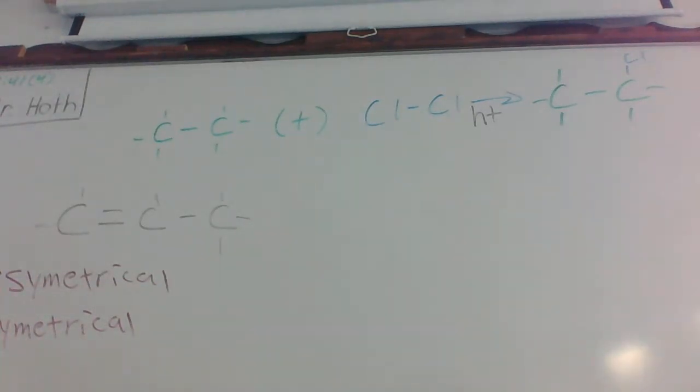So when we look at what a symmetrical and an asymmetrical reactant are, what did it say some of your reactants could be? It said halogens, the last thing you wrote down. Water's one.